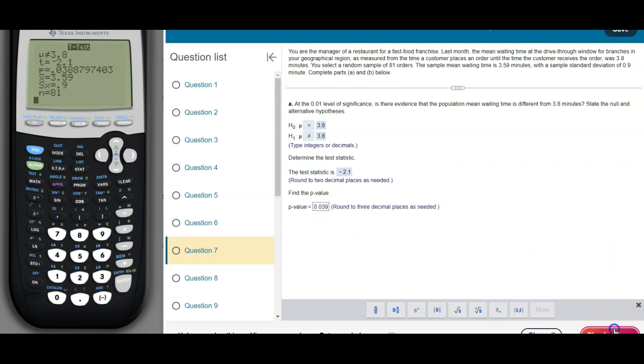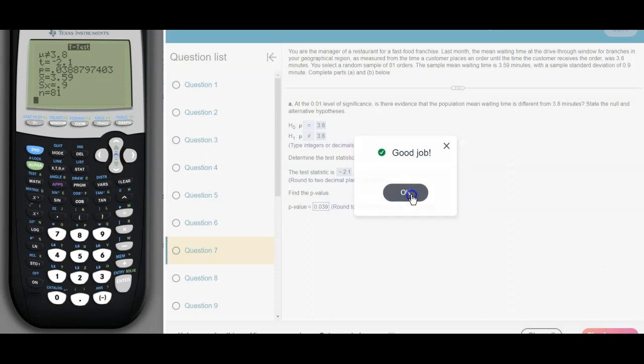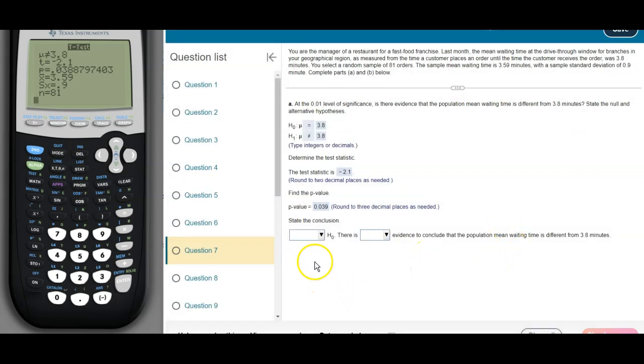Okay, let's check it. Good. All right, so here state the conclusion, and according to our work we say we do not reject, and there is insufficient evidence.